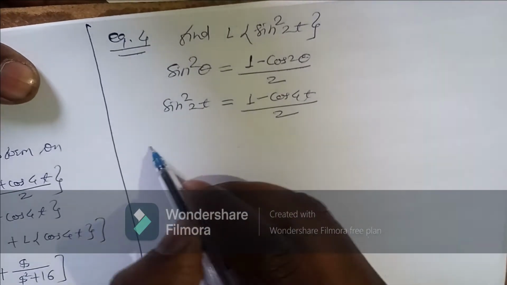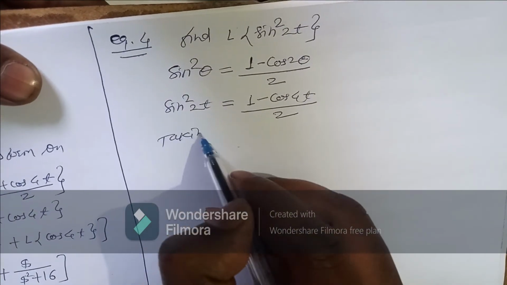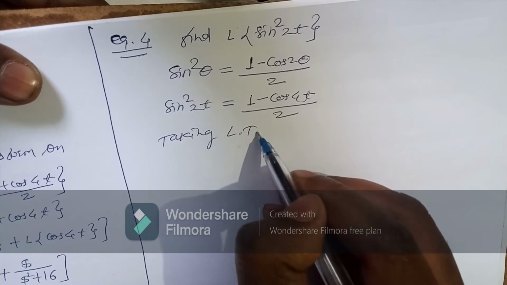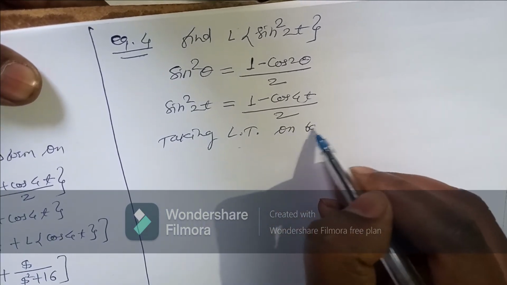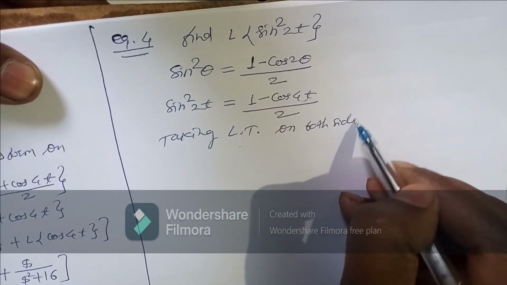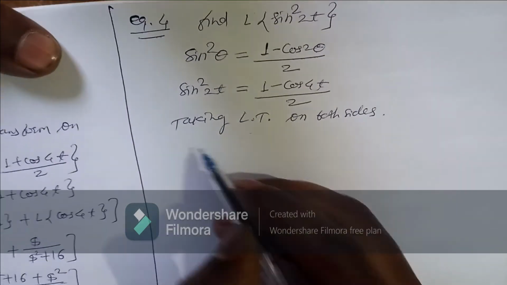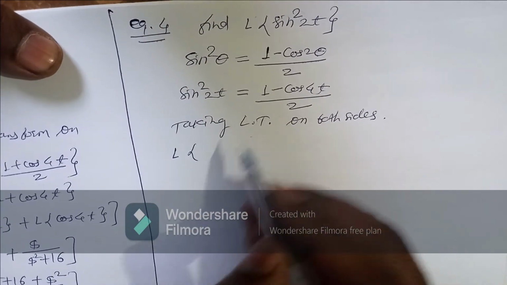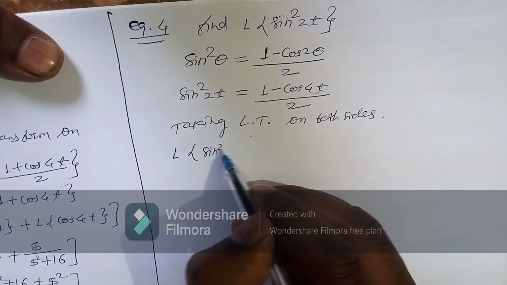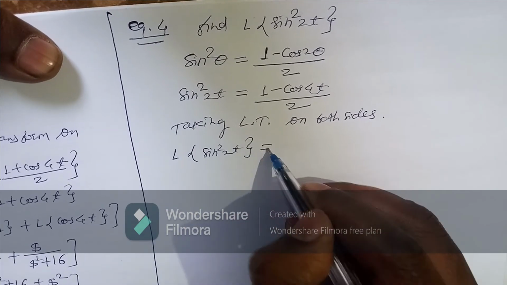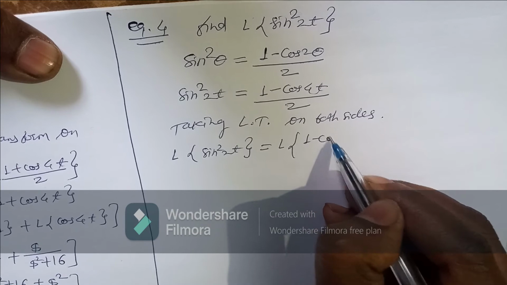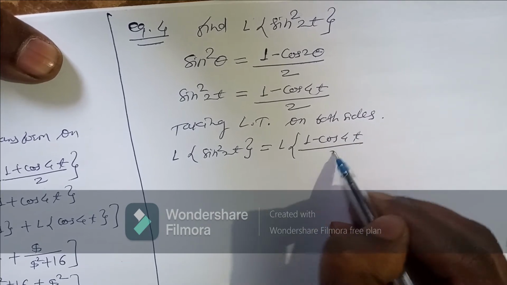So now taking Laplace transform on both sides, what we get here? Laplace transform of sine square 2t is equal to Laplace transform of 1 minus cos 4t upon 2.